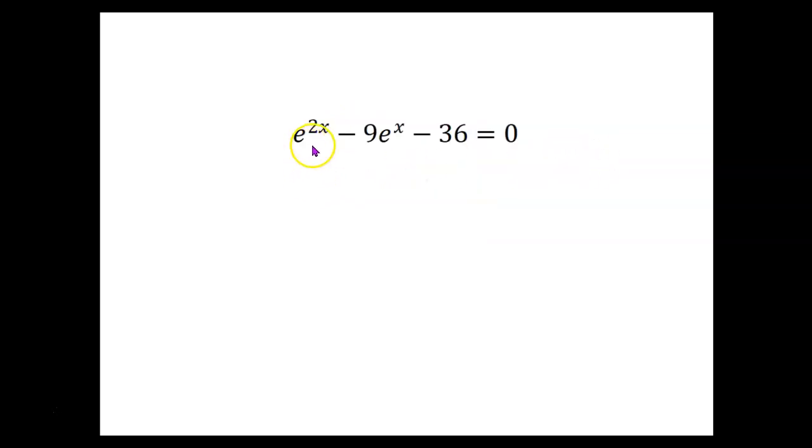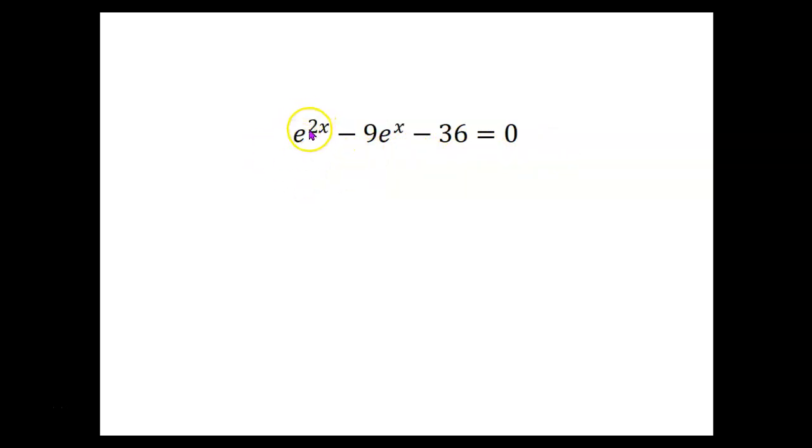Okay, one more. e to the 2x minus 9e to the x minus 36 equals 0. If I squint my eyes, that looks like a quadratic equation. It's got a squared term, a variable in the middle, and a constant term, like ax squared plus bx plus c equals 0.